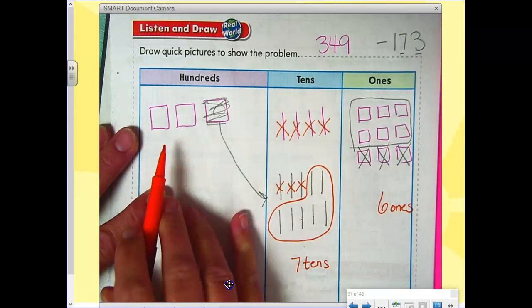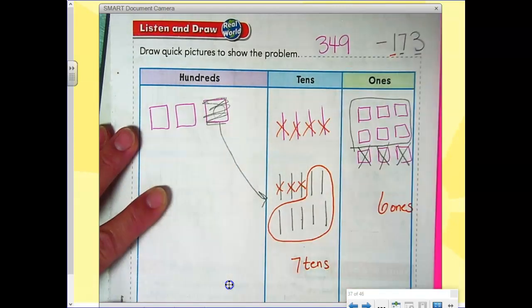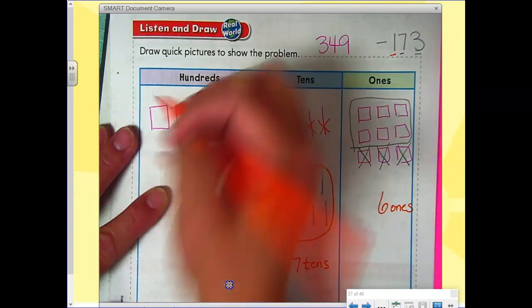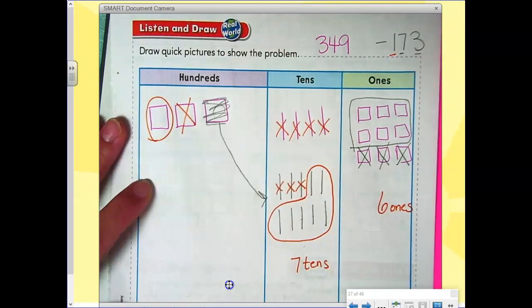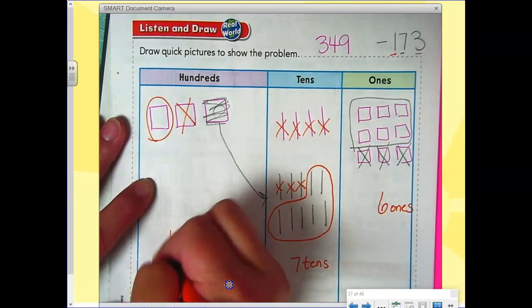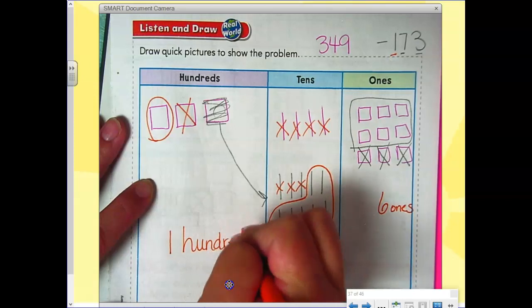All right, now in the hundreds place, how many do I need to cross out? 1. So how many do I have left? 100.